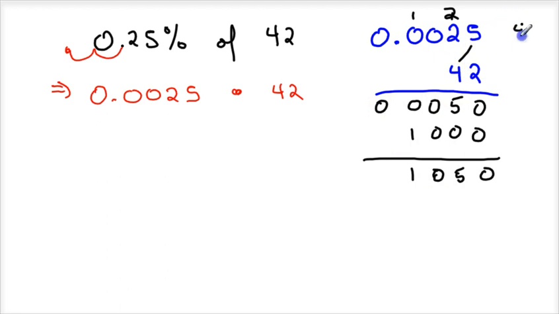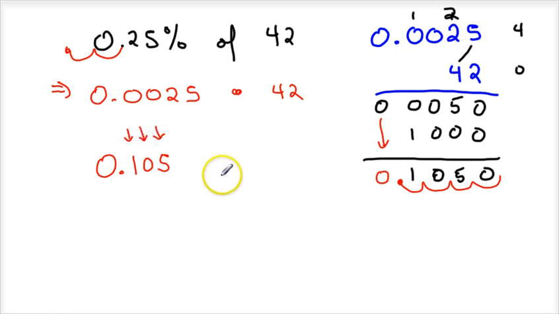I have 4 decimal places in my top number, 0 on my second number. Going to move my decimal over 4 times, so 1, 2, 3, 4. Bring down this 0. So again, we see that the answers are exactly the same. So 0 and 105 thousandths.